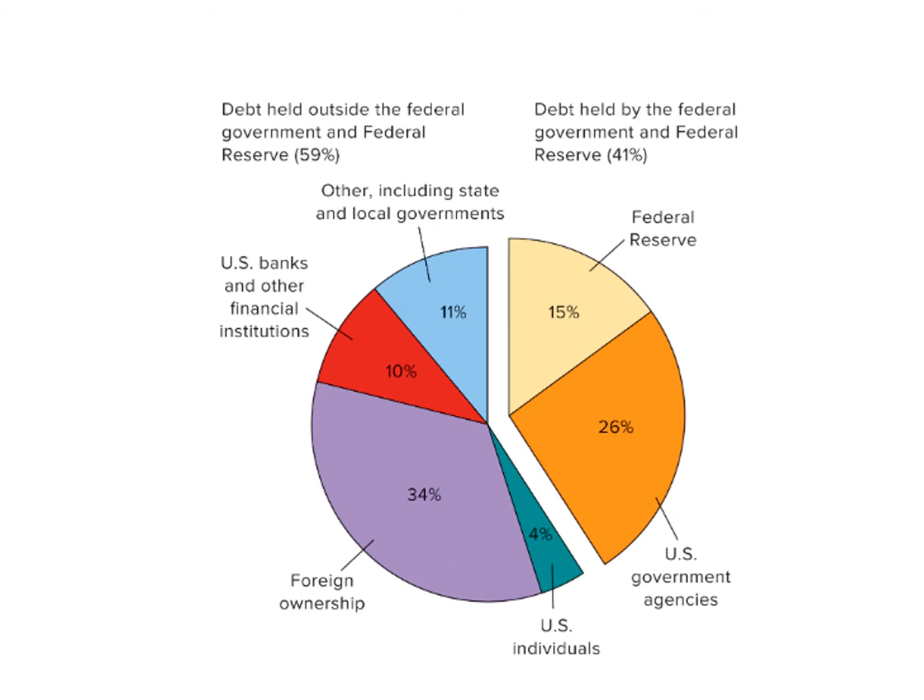Now notice, the pie chart is broken into, when you talk about the overall public debt, who in the public owns it versus what government agencies own it. So let's look first at the yellowish and orangish pie pieces, right? 15% is owned by the Federal Reserve, 26% by U.S. government agencies. So when we add these together, 26 plus 15 comes out to 41%.